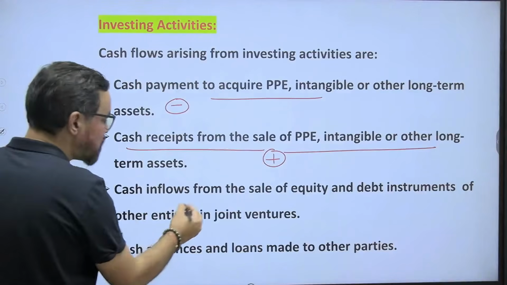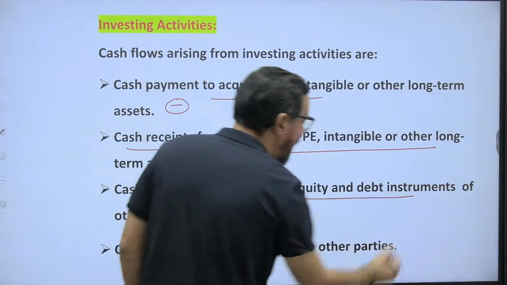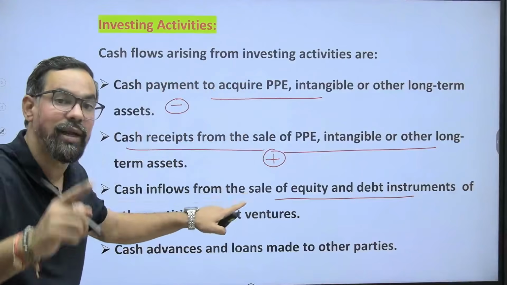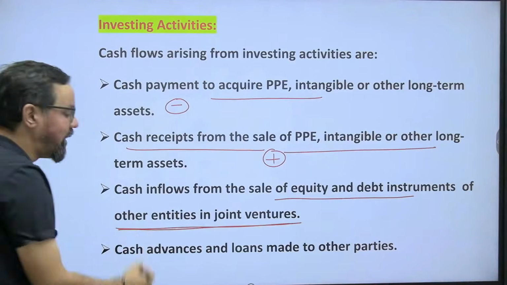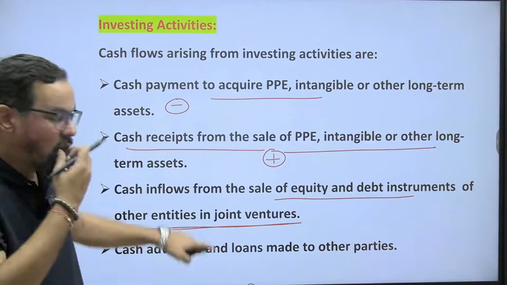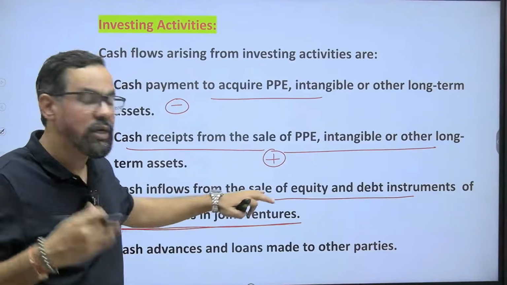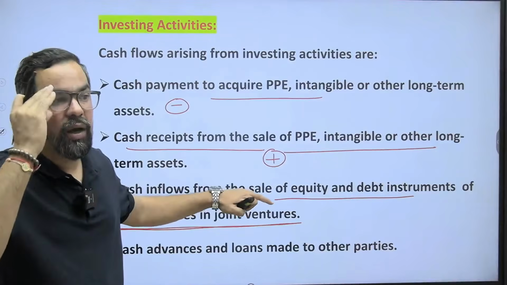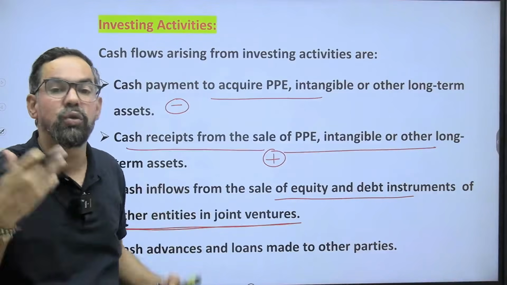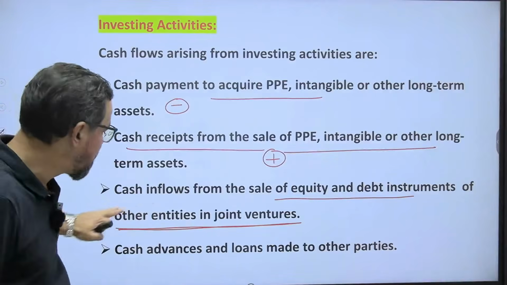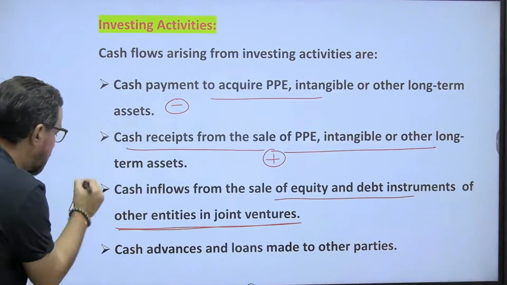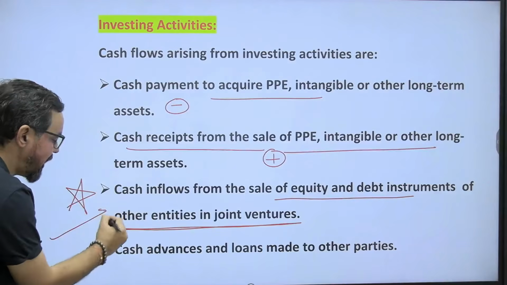Cash flow from sale of equity and debt instruments of other entities in joint ventures. This is not like, let's say, if you are issuing shares of your own company, that is financing activity. But what is mentioned here, please be careful around this, because people get confused around this so many times.